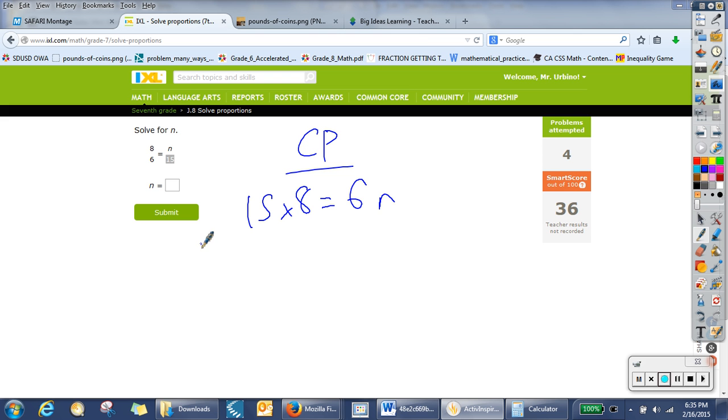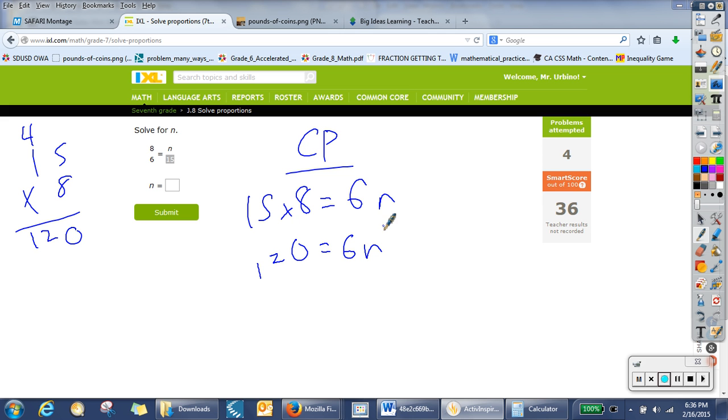So 15 times 8, 5 times 8 is 40, so put the 0 down, carry the 4, 8 times 1 is 8, plus 4 will give me 12. So I know that 15 times 8 will give me 120.